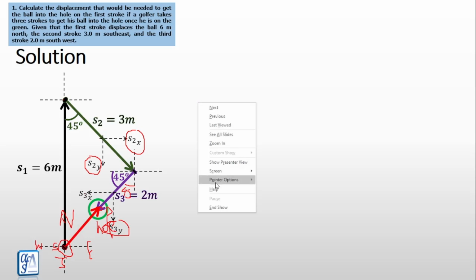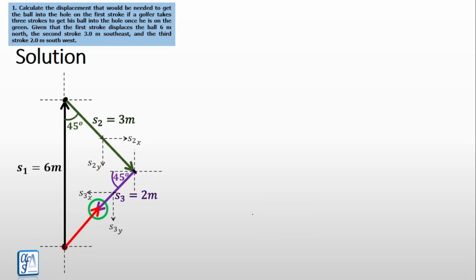So now we have the displacement of the ball. Here is displacement S, which is the shortest distance between 2 points, the starting point and the destination, the O. Now, what is the angle of displacement here? We don't know. But this one too can be resolved into two components.